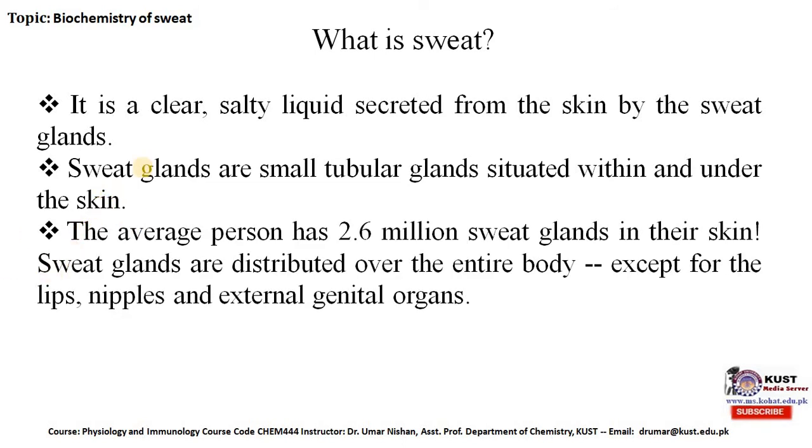The average person has 2.6 million sweat glands in their skin. Sweat glands are distributed over the entire body except for certain parts of the body like lips, nipples and external genital organs.